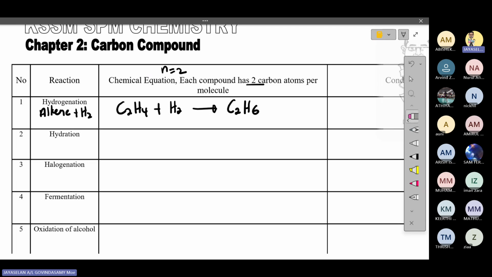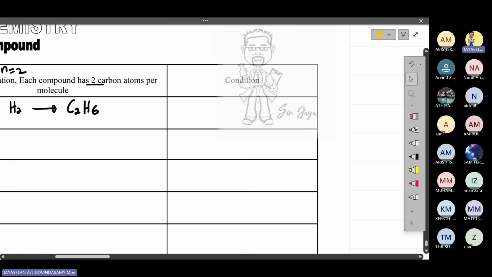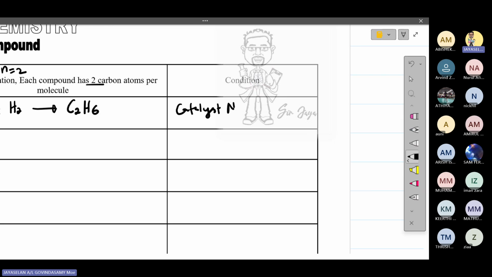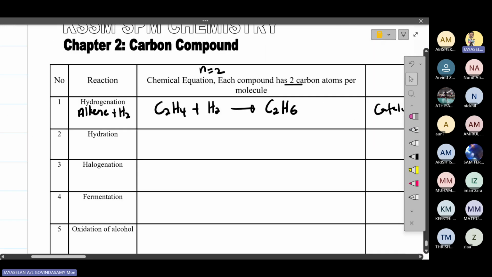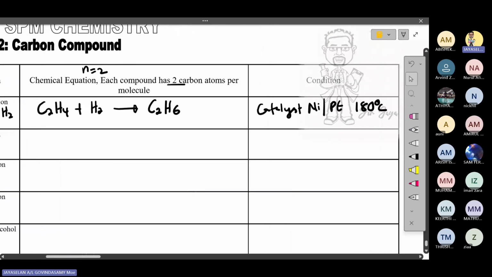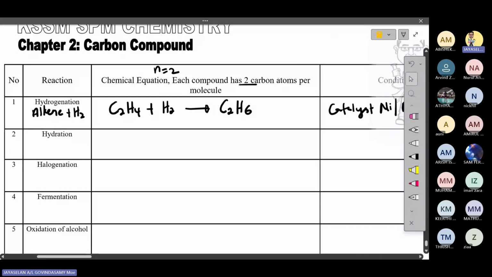So this is the hydrogenation process. What is the catalyst needed? You can use nickel or platinum, temperature 180 degrees Celsius. Okay, all of you understand the first reaction? We do up to 4, the rest we do later.